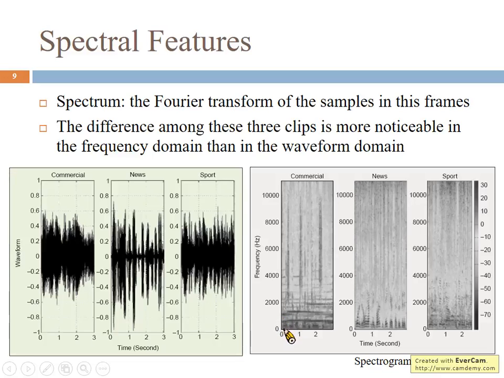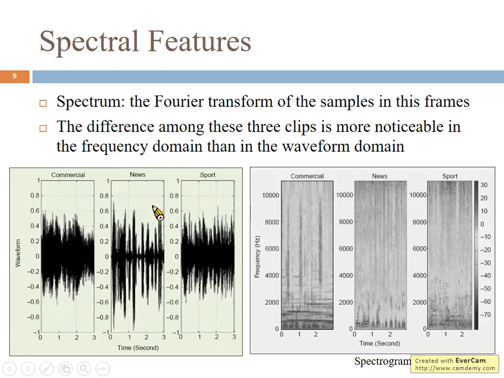At any time instance, there is an audio frame corresponding to this time instance, and when we transform this audio frame into the frequency domain, we can see the energy distribution of this frame. And if we put all audio frames together and put all frequency distributions together, we may form a visualization like this. Okay, and this is called spectrum.